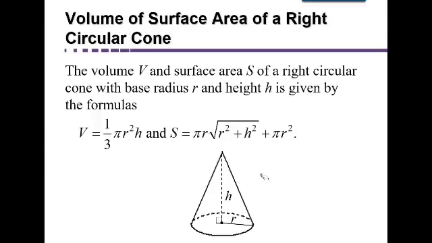Now, I'm not going to go into all the details on the surface area, but I do want to explain where this weird square root of r squared plus h squared in the formula comes from. If you were to find the length of the side here of this pyramid, notice that it's exactly the hypotenuse of this right triangle that's formed by the radius and the height.